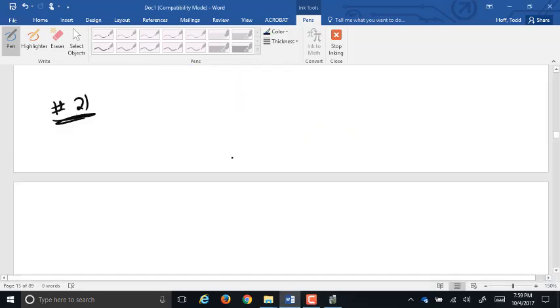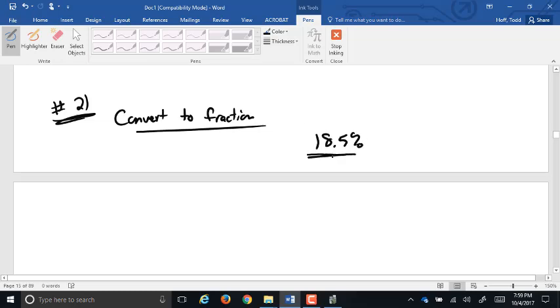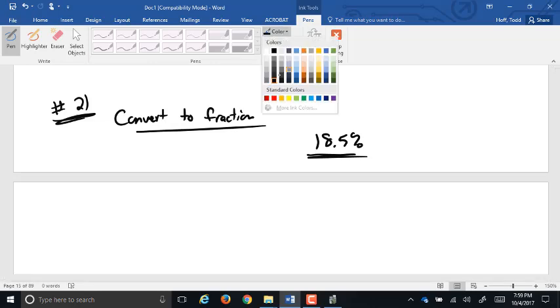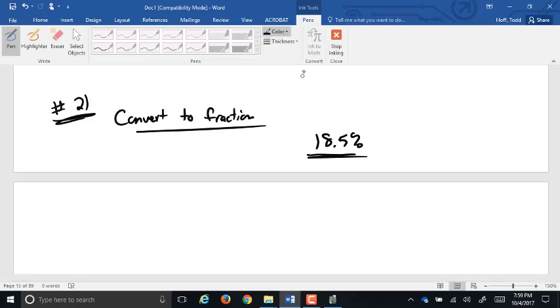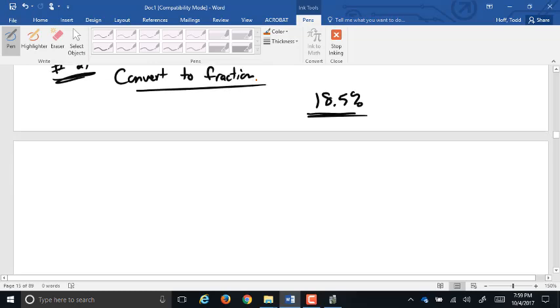Number 21 is just asking, convert to a fraction 18.5%. Yep. Oh, sure. You bet. 39.